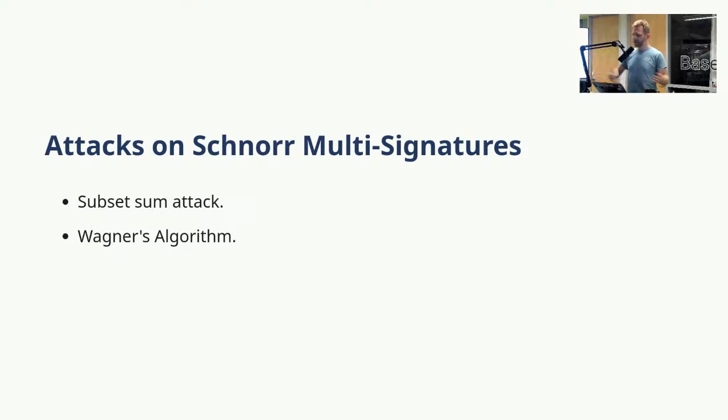You're trying to take existing signatures and find some way to malleate those signatures, add them together in a certain way so that you can create a signature that signs your message. But it's a forgery. Nobody actually signed your message. You just found a way to do this attack to create a forged signature. So that's a subset sum attack.